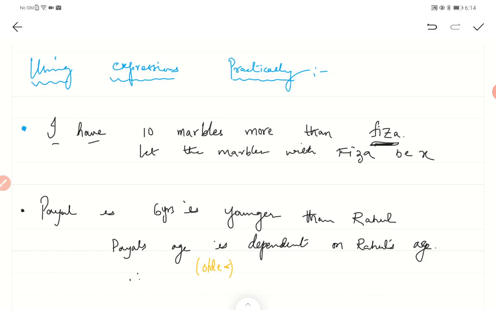Okay, so now I can write an expression for the statement. I have how many marbles? I have x plus 10 marbles, 10 marbles more than Fiza.